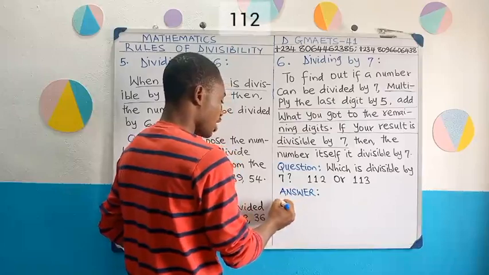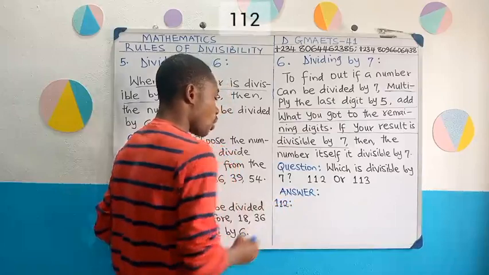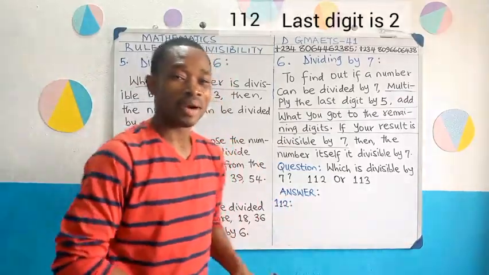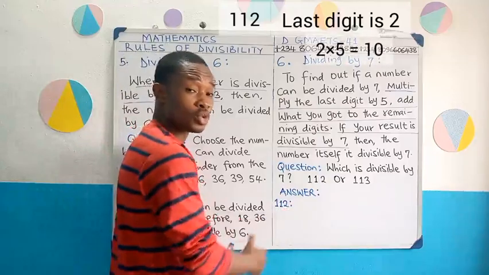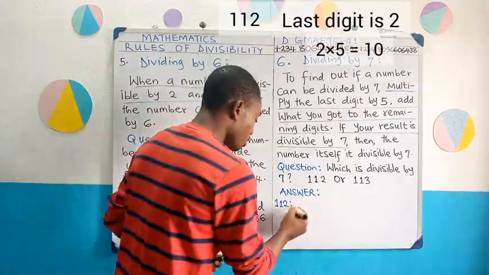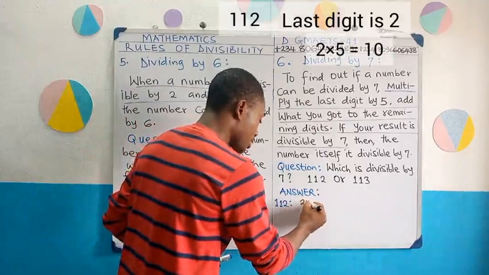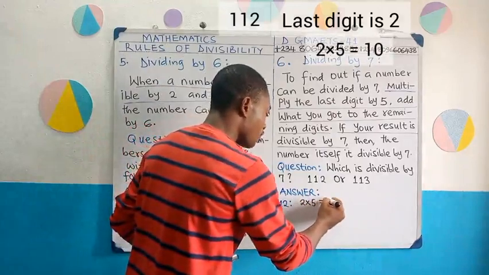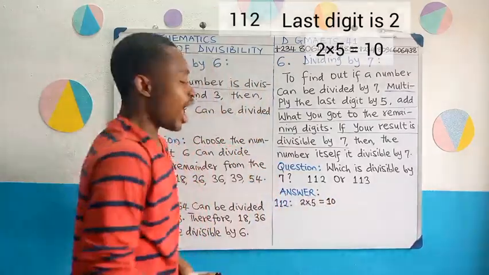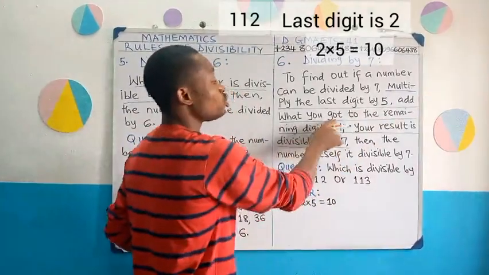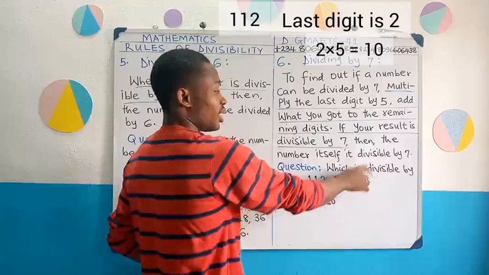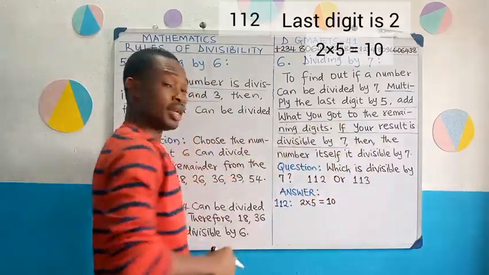112. Let's find out if 7 can divide 112. So what do we do? Multiply the last digit by 5. The last digit here is what? 2. So I am going to do 2 times 5. 2 times 5 will give me 10. I will add this 10. Remember we said that you should add what you got from the multiplication by 5 to the remaining digits.